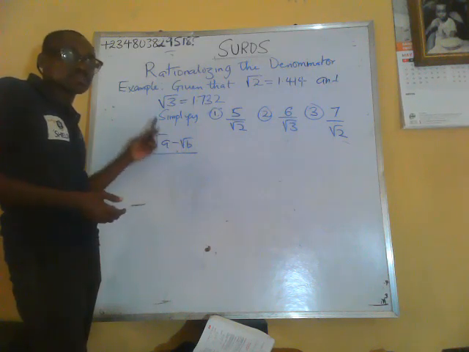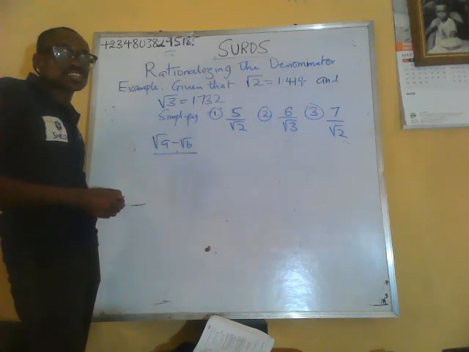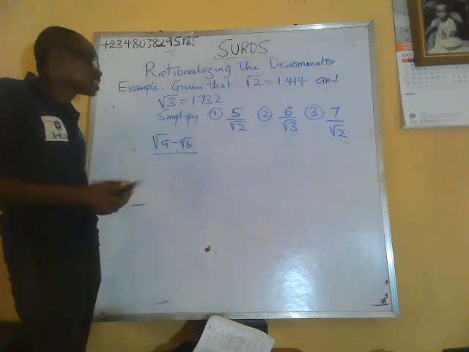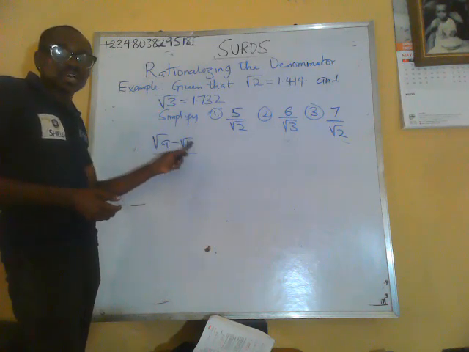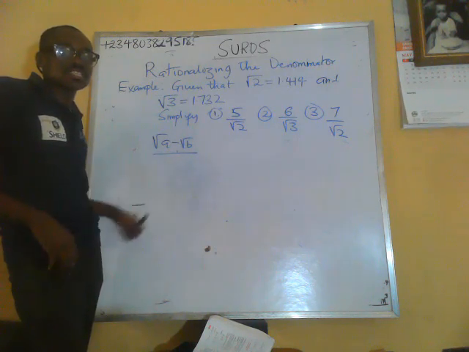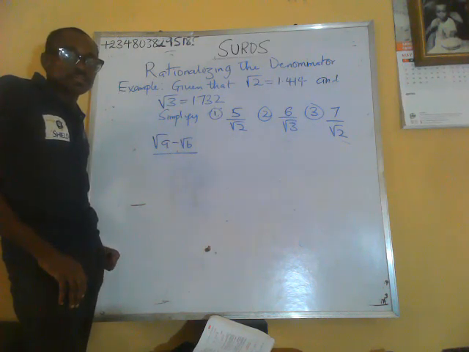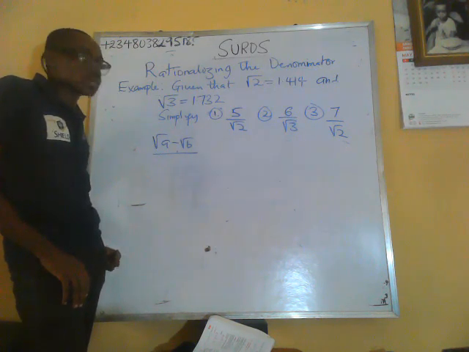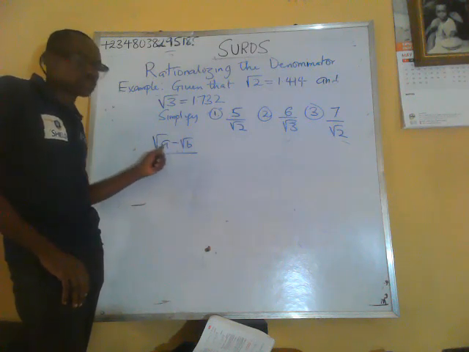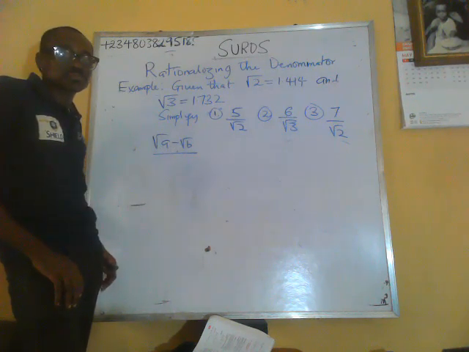Let me keep that one for the next lesson: rationalizing the denominator when you have expressions such as this in the denominator. Let me stop this lesson here.